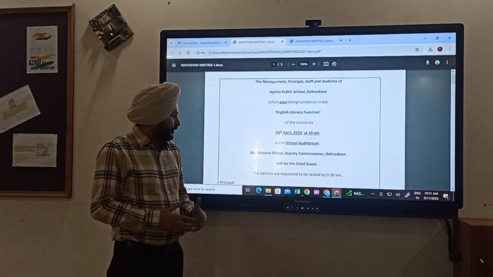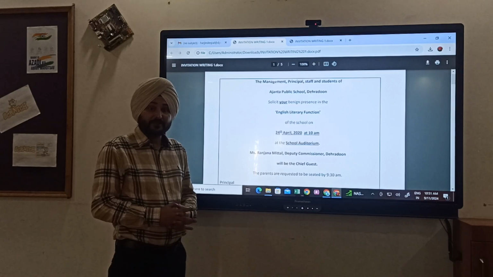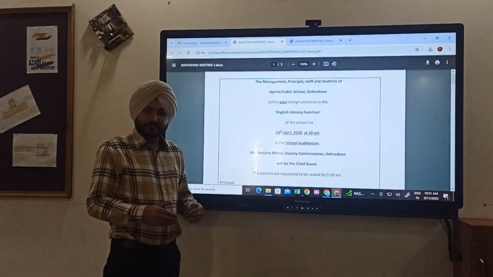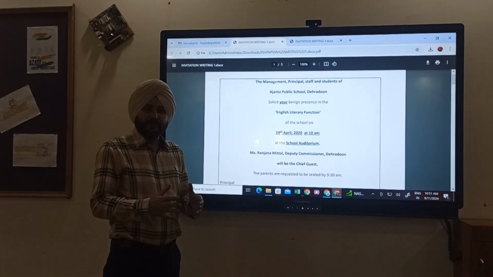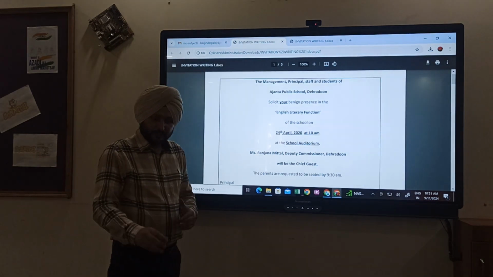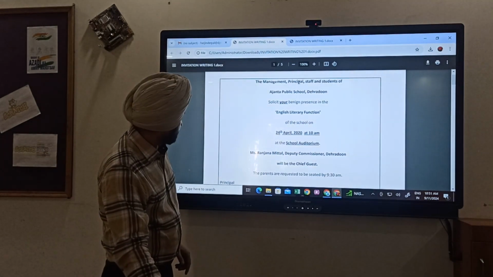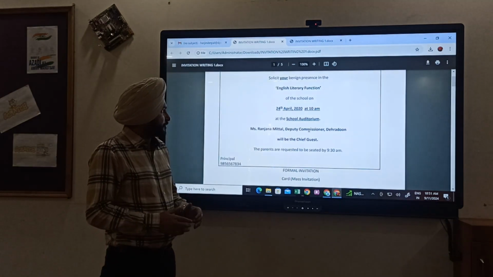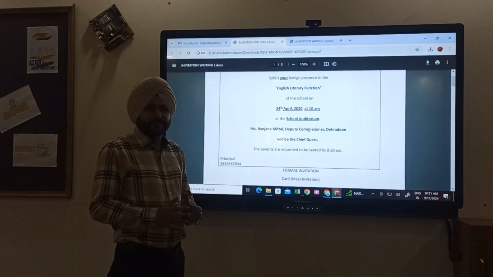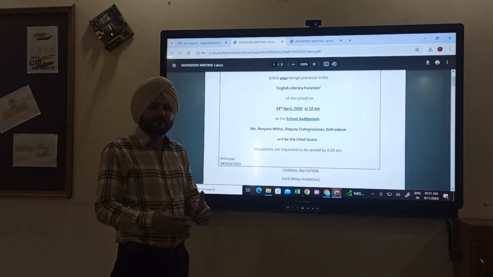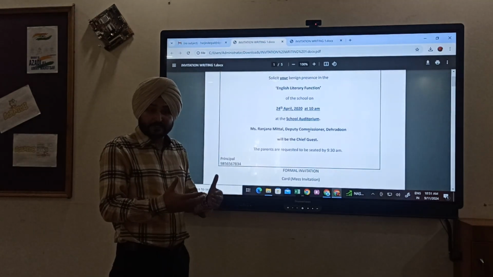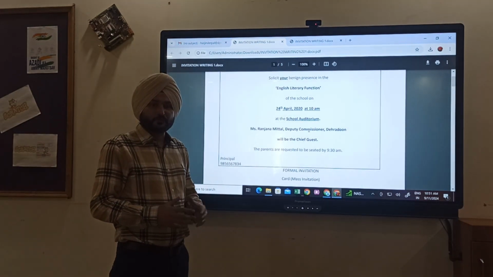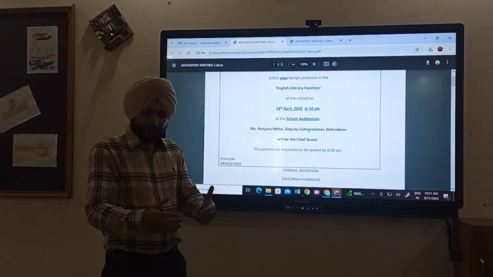The parents are requested to be seated by 9:30, and at the end we write the name of the principal and the designation, the phone number maybe. So this is what we call a card invitation, and it's a mass invitation which, for instance, as I've just explained, school sends to the parents.